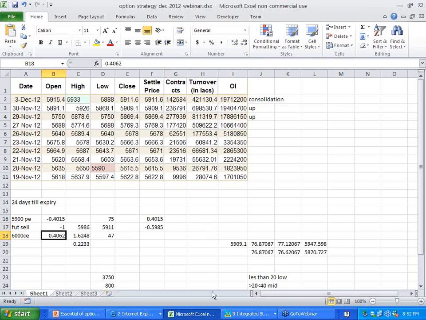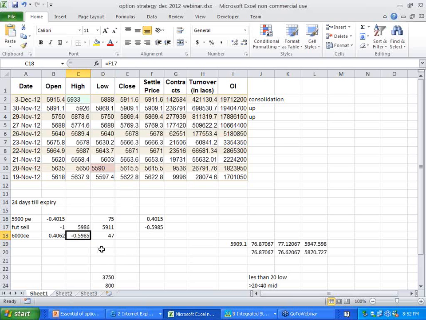So we are going to form a delta neutral. How many lots should we purchase so that this net delta comes down to a positive delta? This positive delta should be greater than 3%, only 3 to 30%, but 30% is too high. I do not want to take that 30%.